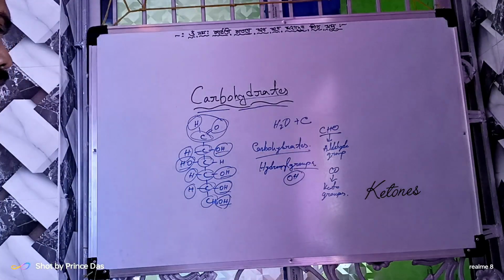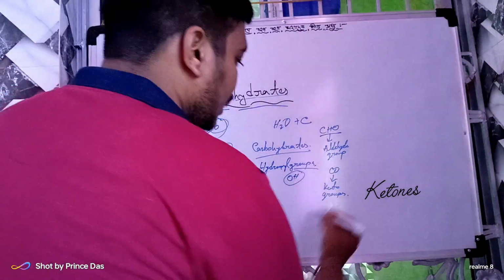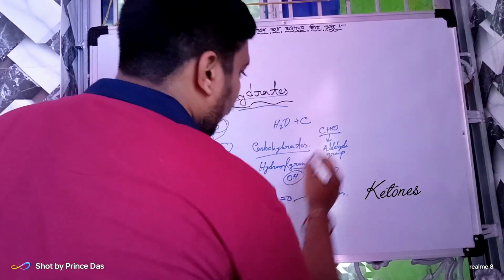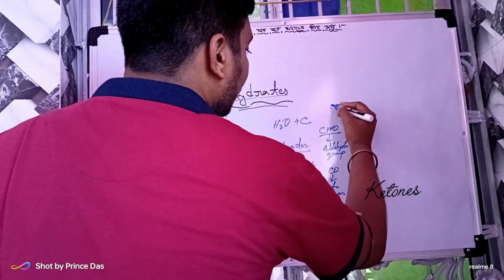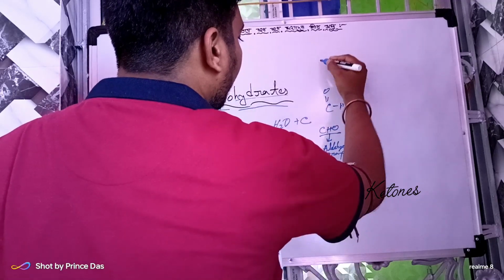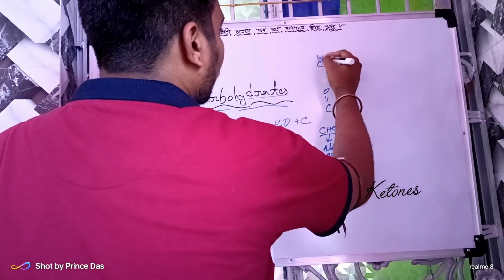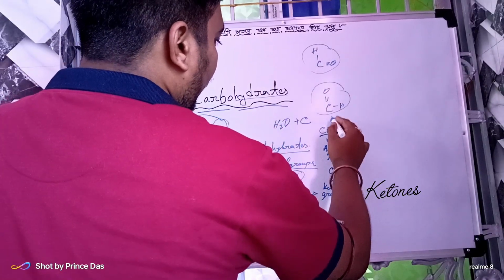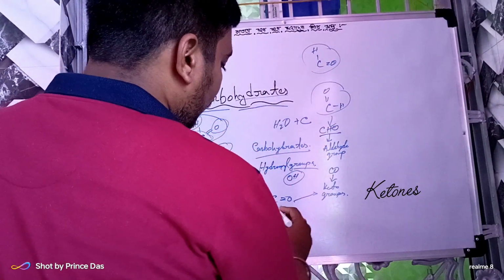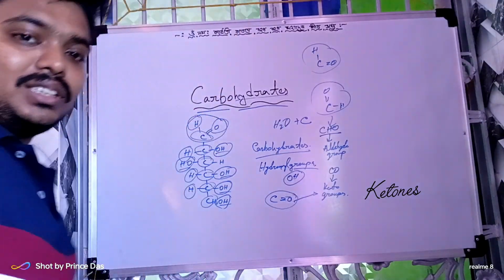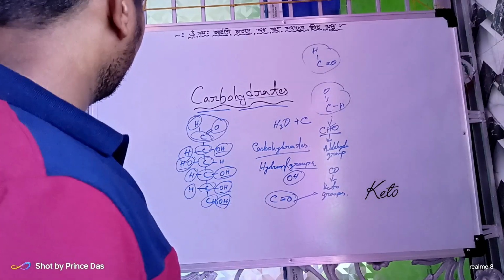Keto group means CO, C double bond O. Carbohydrate aldehyde is CHO, or you can write it like this. These are aldehyde, and C double bond O is keto. Okay, got it?